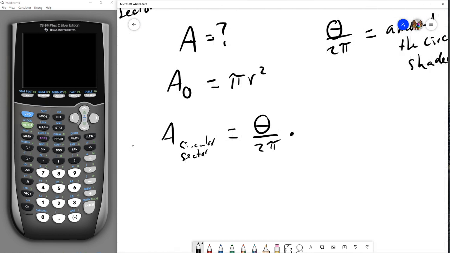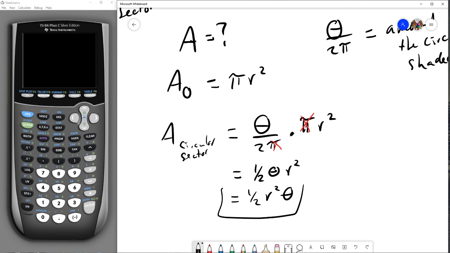So we're going to multiply this by our equation for the area of a circle. Notice the pi's cancel out, and so this will equal 1/2 theta r squared. Or you can rewrite it as 1/2 r squared theta. I think this is how most textbooks will write it. So this is how we find the area of a circular sector.